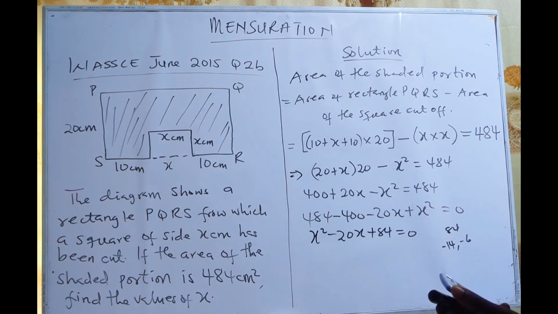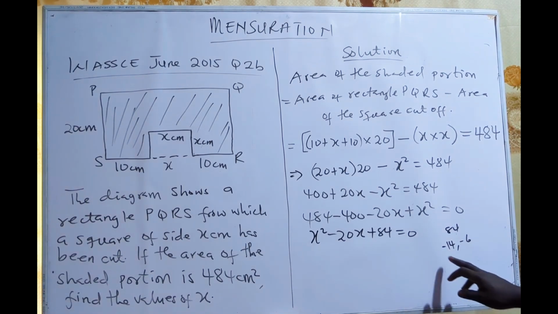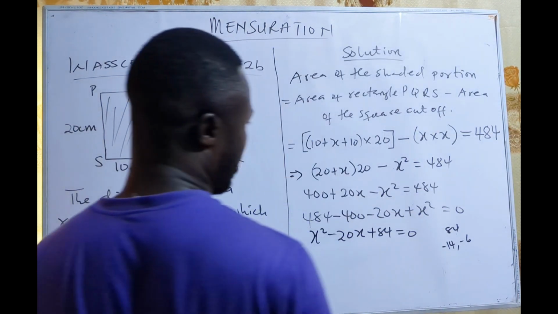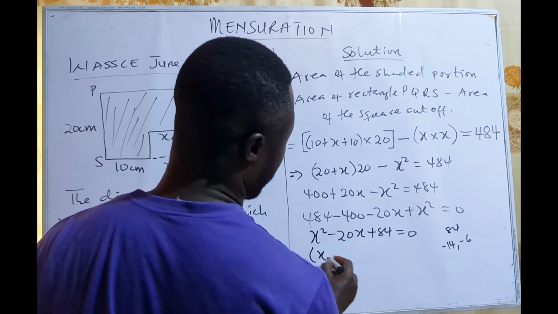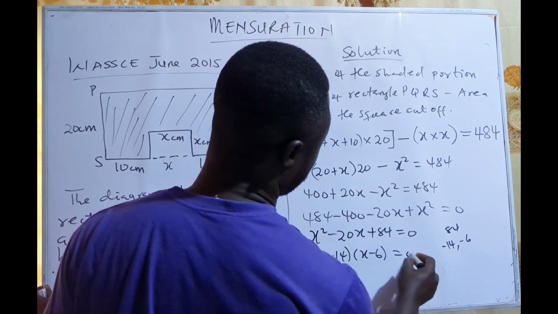So we know that minus 14 times minus 6 will give us 84, and minus 14 minus 6 will give us minus 20. So this can be written as x minus 14, then x minus 6 equal to 0.